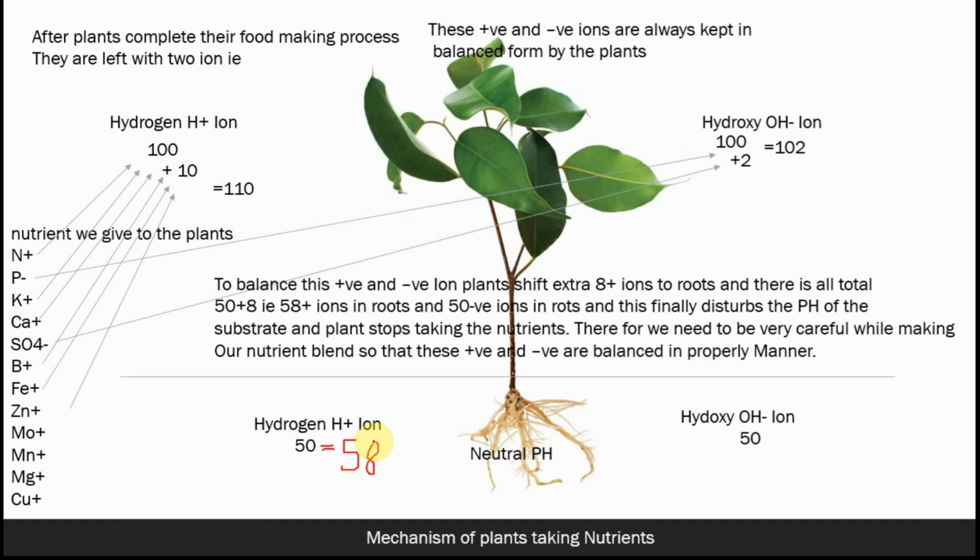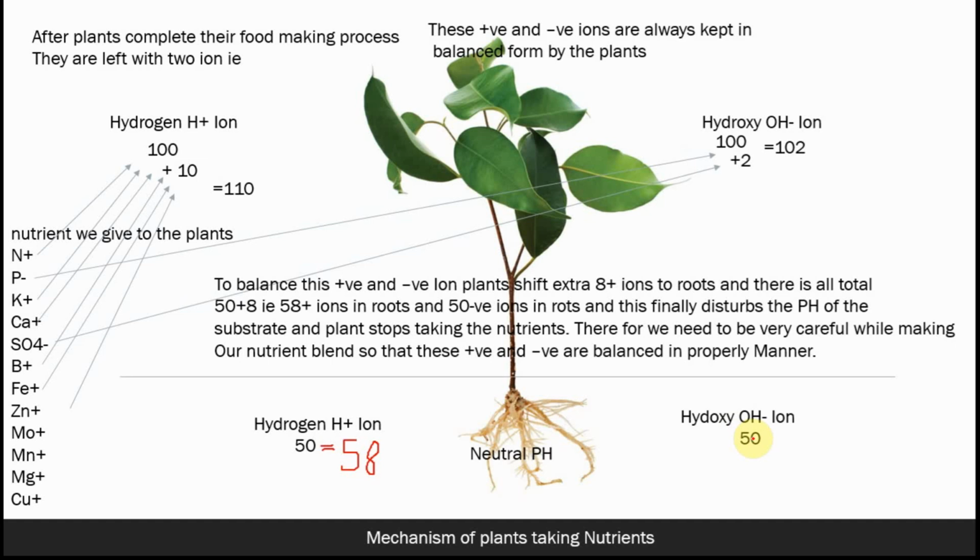After the extra 8 plus ions are transferred to the roots, this becomes 58, and the hydroxy actually remains the same, that is 50.